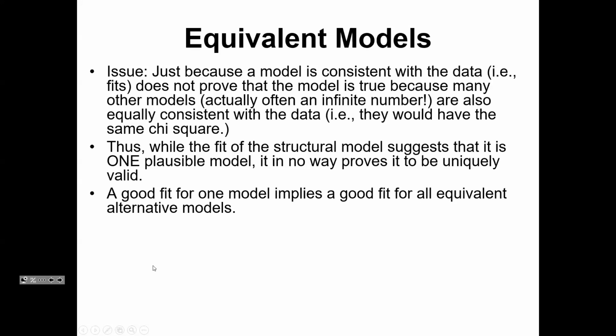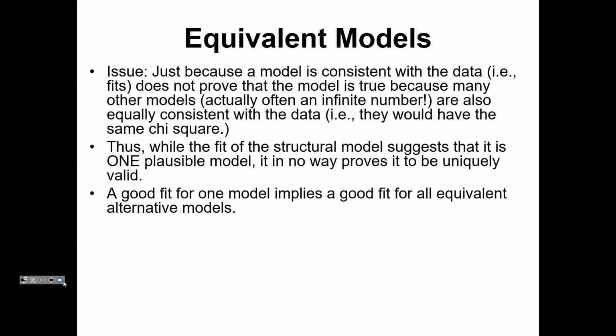If you have a good fitting structural model, it's fair to say, oh yeah, this is one plausible model that seems to be consistent with the data, and that's a good thing. But there's no way to say, oh, this is it. I found it. This is the model. Done. Solved the problem. All other researchers can go home now, right? Peace out. It's not, because a good fit for your model implies a good fit for all other equivalent models.